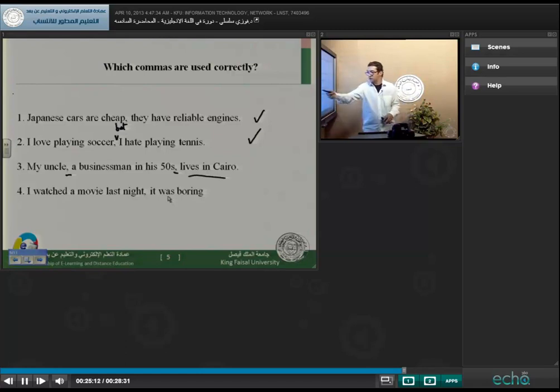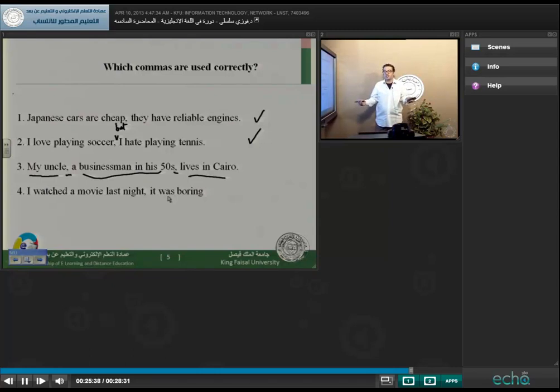This clause is connected to this clause. This isn't a dependent clause. My uncle, it just has a subject, right? It's incomplete. It needs this clause to become a full sentence. My uncle lives in Cairo. And this other clause, a businessman in his 50s, is incomplete by itself.